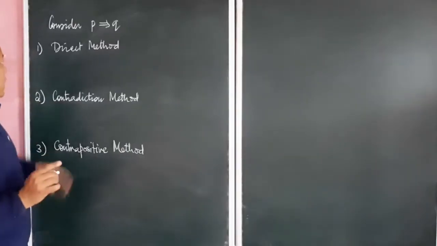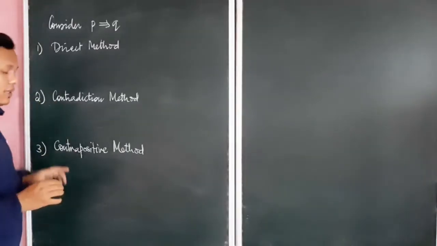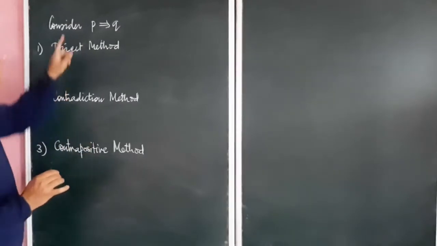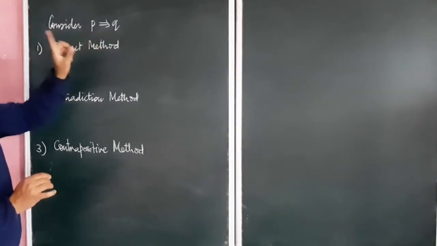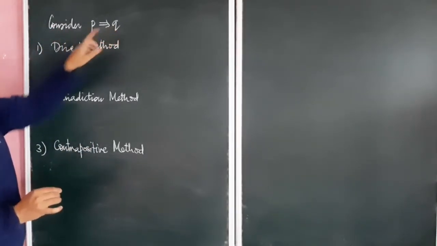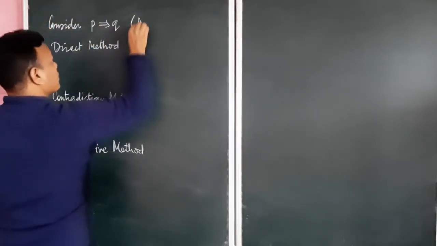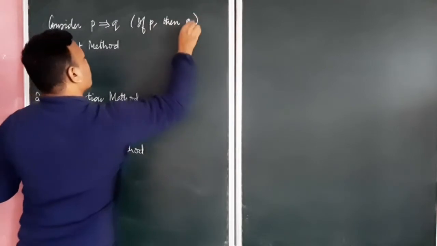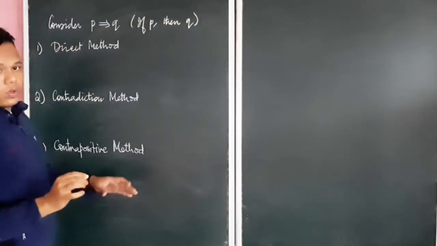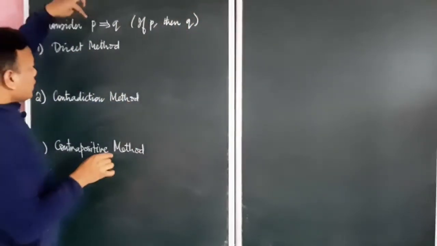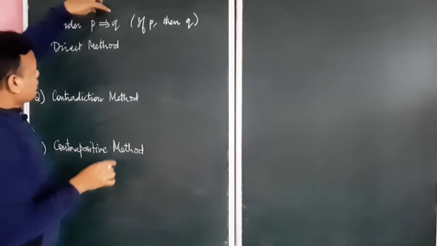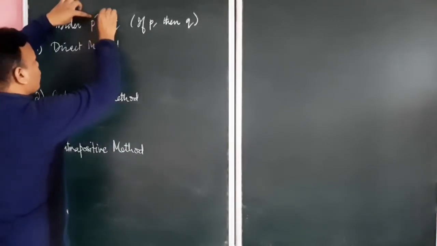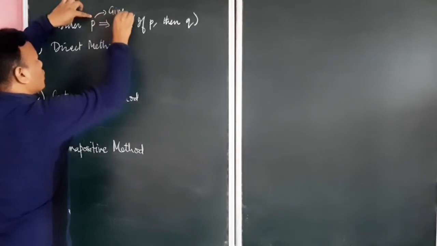Let's try to understand the meaning of these three methods. Consider the if then statement, that is, P implies Q. This means if P then Q. Please remember, whenever you see this, P is always given to you.